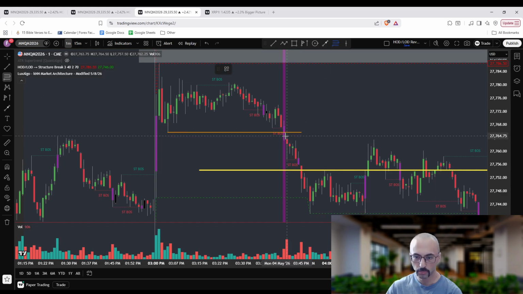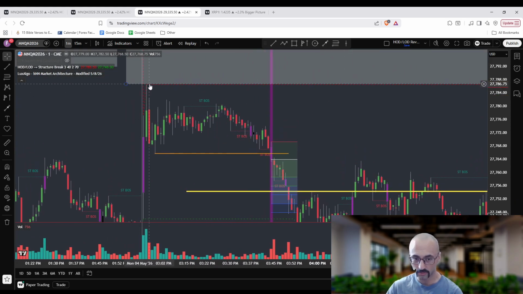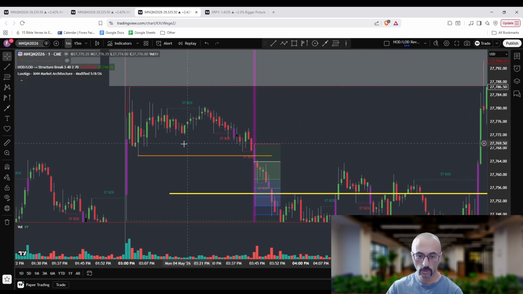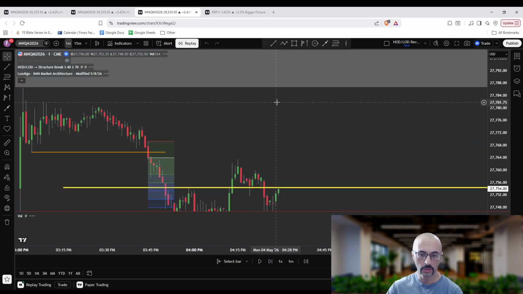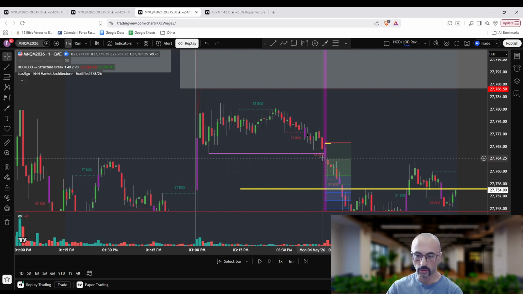And here's our signal breaking through it, and that's going to be our target 1.5R right there, and we're good to go. So we did have one of our high day, low day structure break indicators here. That one checks out: high of day gets taken, then the first swing 3 that forms, and if I'm in replay mode, you would see that it would be marked out here with this purple line.